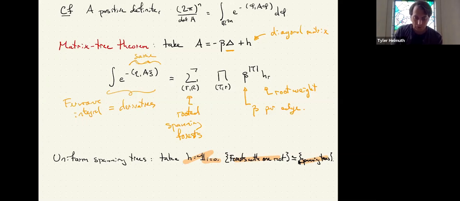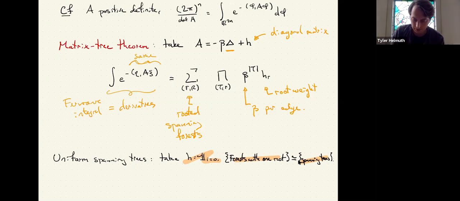Okay, so what this says is that the fermionic Gaussian free field, this combination e to the minus eta A xi, encodes rooted spanning forests, and in a special case that encodes spanning trees.